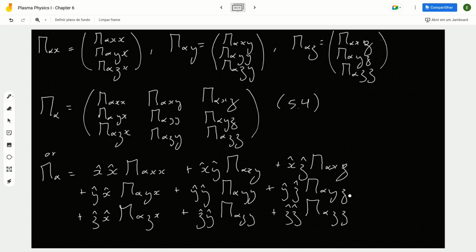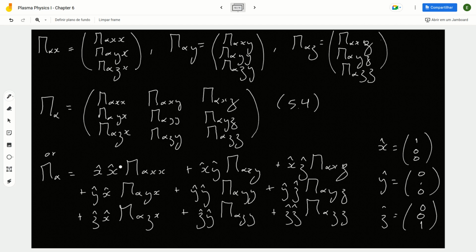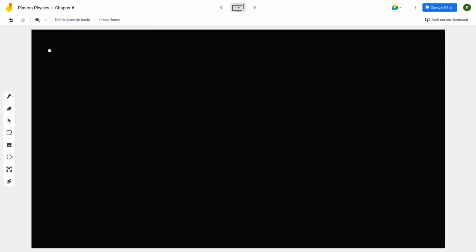And well, each of these vectors is like this. So x is 1, 0, 0. You have y equal to 0, 1, 0. You have z equal to 0, 0, 1. Then, if you do it like this, this pair of vector values here is a tensor product. So x is the tensor product.